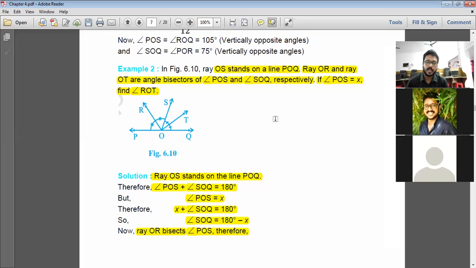Otherwise, what will happen? You will think during the exam and you may lose time for writing the other topics. That is the problem of this chapter. Sometimes you may get an application level question, but if you are familiar with this kind of problems, you can easily solve it.